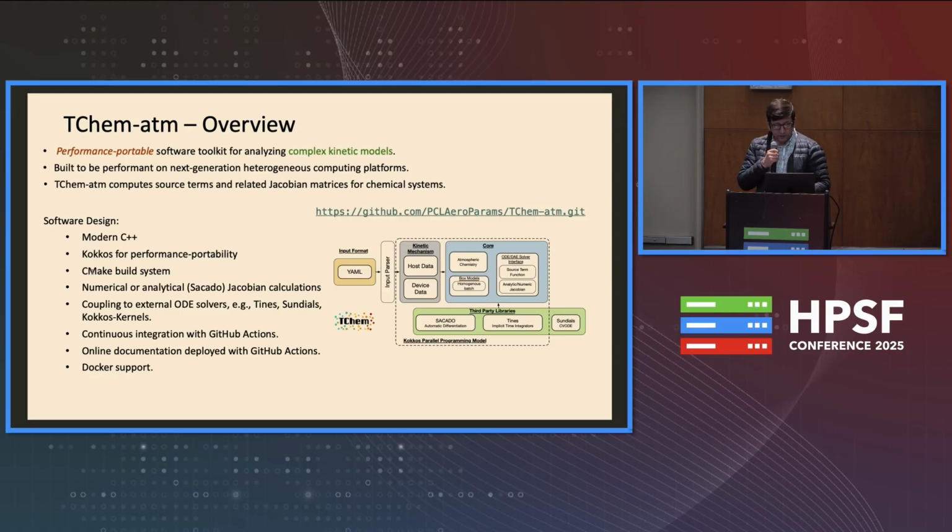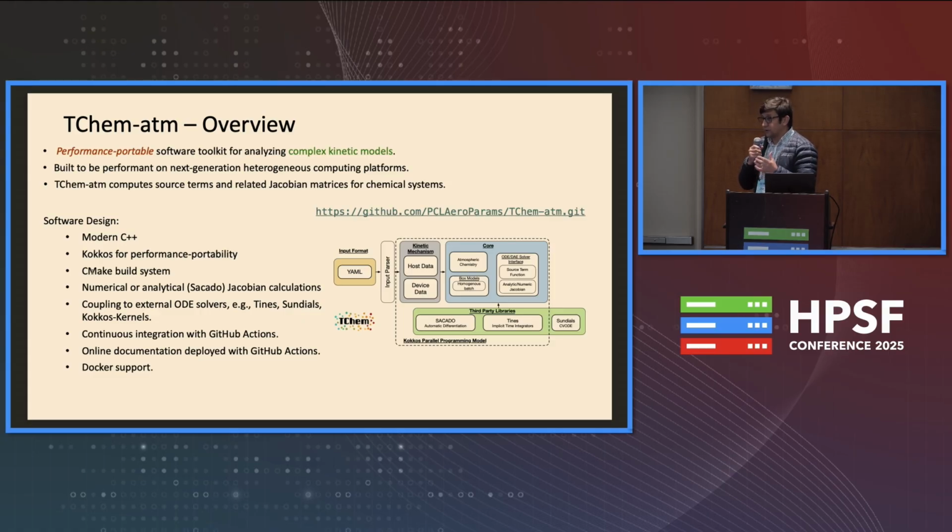As I mentioned, TChem is a performance portable code, uses Kokkos. The main goal of TChem is to compute source terms and Jacobians, which means the solver for time integration is an external party, and we don't work on that, but we construct the interfaces.